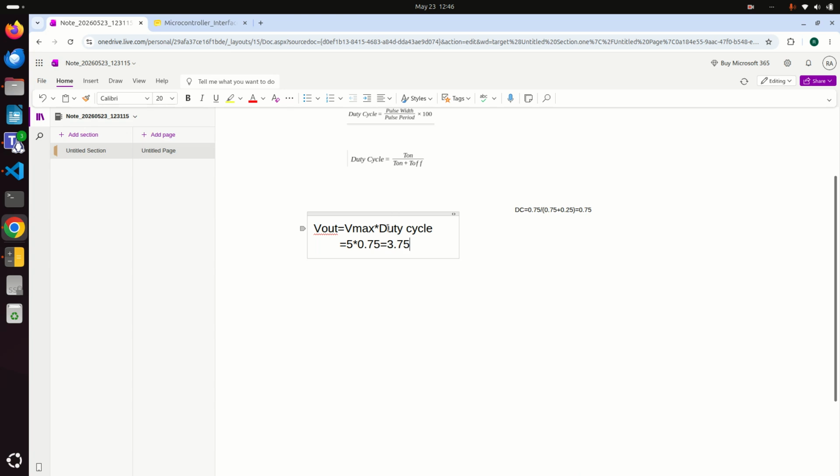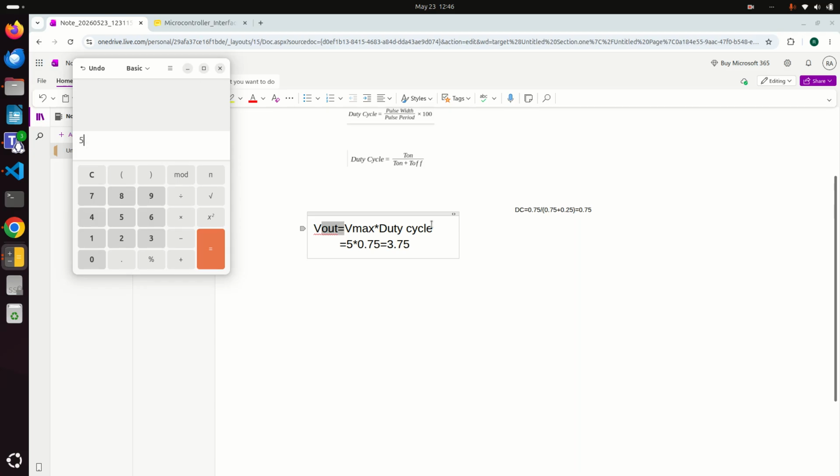So what will happen when you increase the duty cycle? If I increase this to 1, then 5 ones are 5, and the output voltage also increases. If I decrease the value of duty cycle, instead of writing 0.75, I am writing 5 into 0.25.